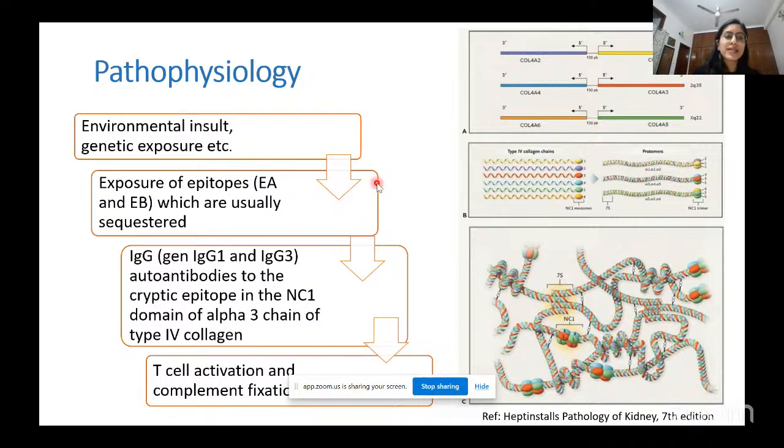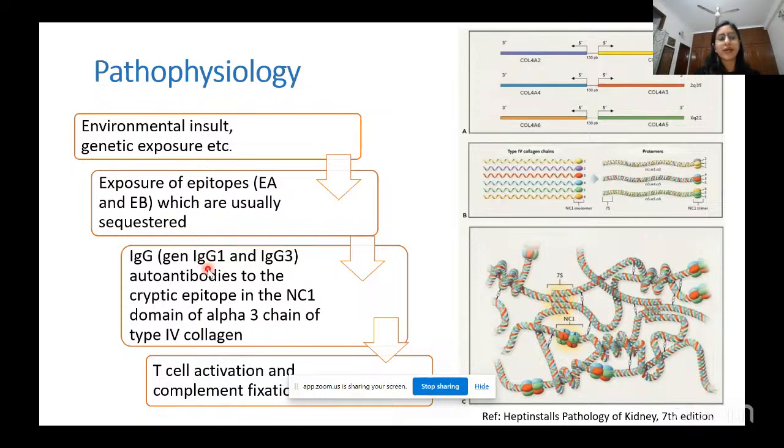Whenever there is any sort of environmental insult or genetic exposure, there is exposure of epitopes EA and EB, which are usually sequestered in the body. When the body comes in contact with these exposed epitopes, it develops autoantibodies, which are usually of the IgG3 and IgG1 type.